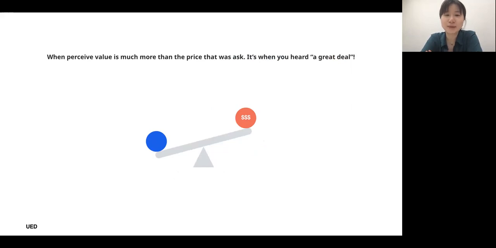So it's when the perceived value is much more than the price you're asking for. And by price over here, I'm talking about price in a broader sense, which is not only the monetary price. Could be effort, could be all those things.